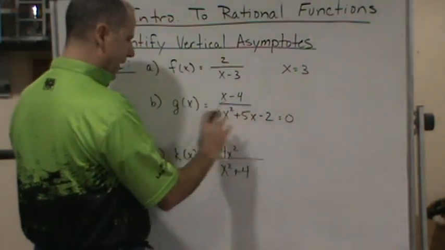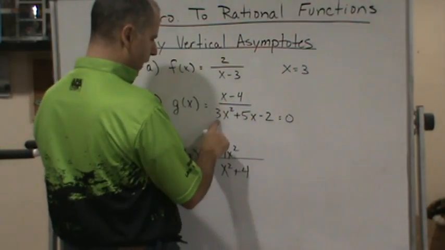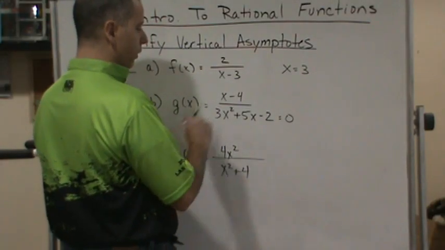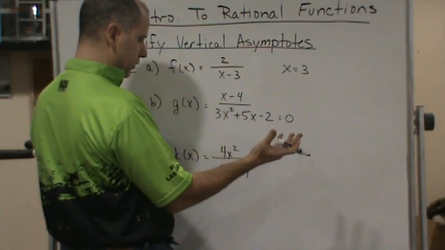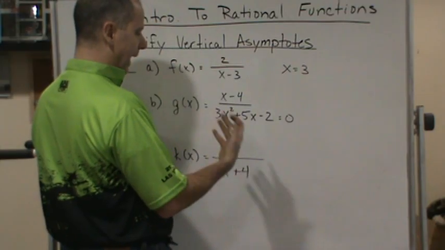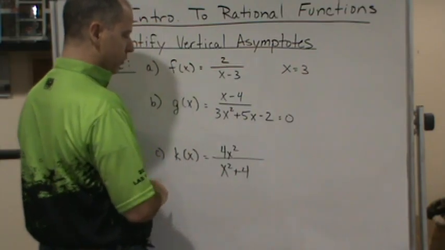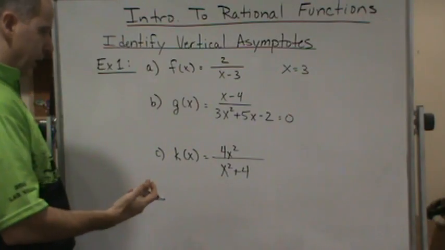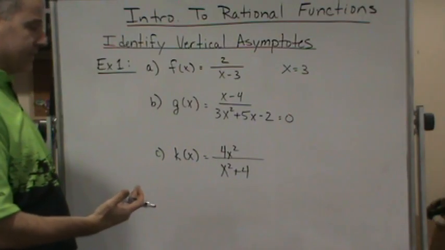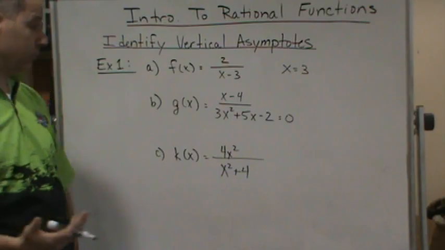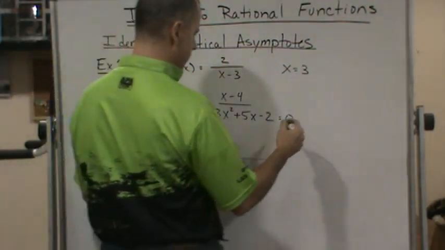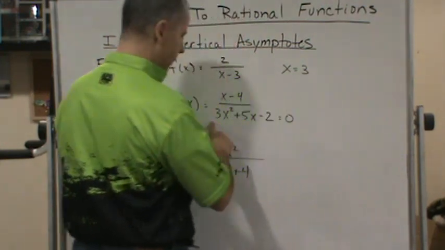Again, if we use the AC method, we find the product of 3 and negative 2, which is negative 6. We look for 2 factors of negative 6 that, when we add them, give us a positive 5. And obviously that's going to be 6 and negative 1. 6 and negative 1 will do that. So then, of course, we can use our method of decomposition.